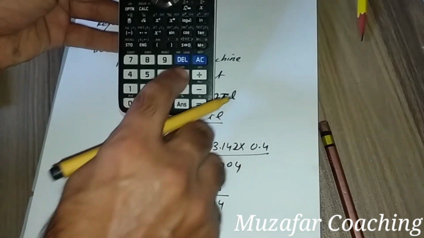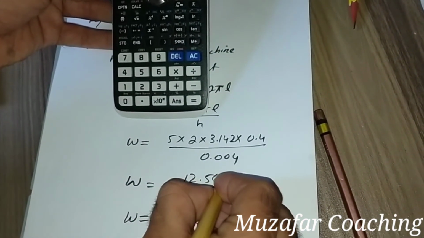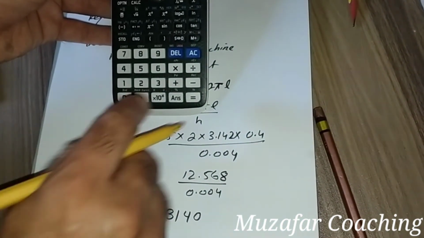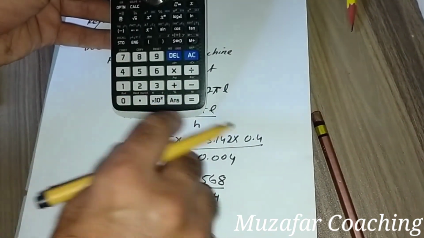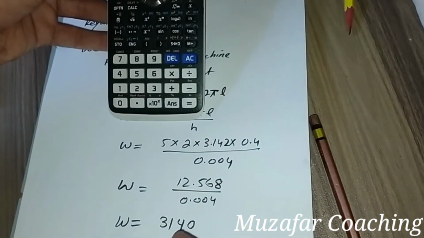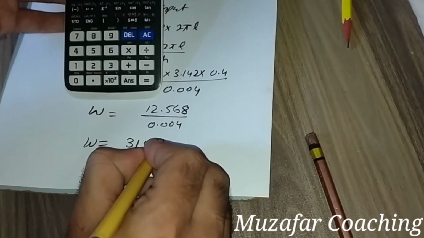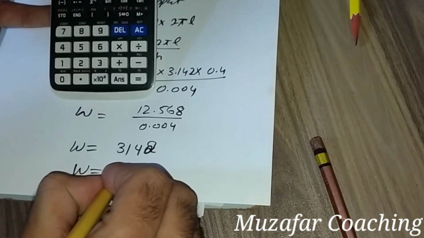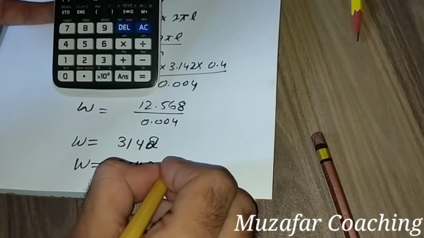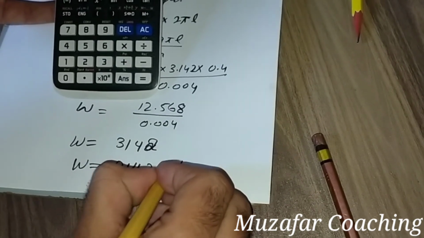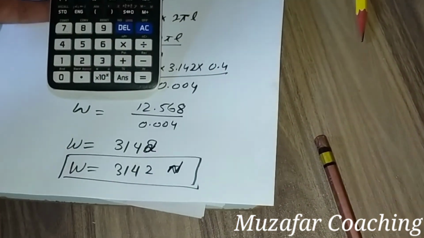So it is 12.568, divided by 0.004. So the result is 3142 Newton. The unit of W is Newton. So this is the required answer.